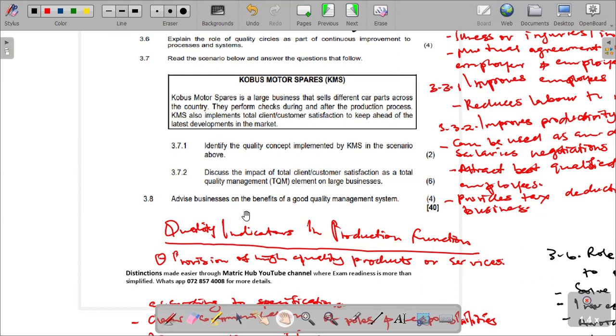As you can see, they perform checks during and after the production process, and also implement total customer satisfaction to keep ahead of the latest developments in the markets.